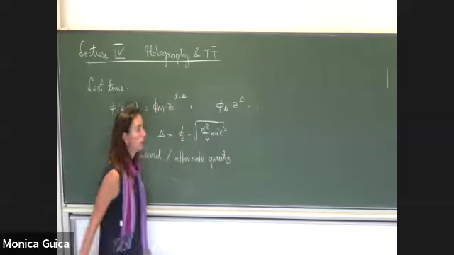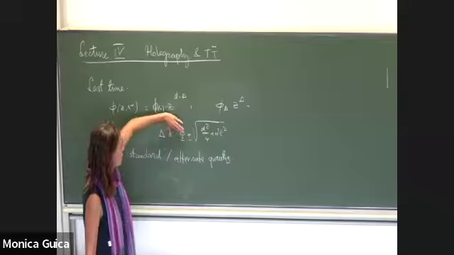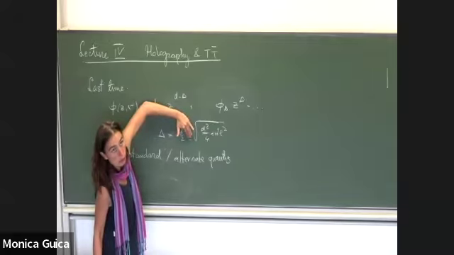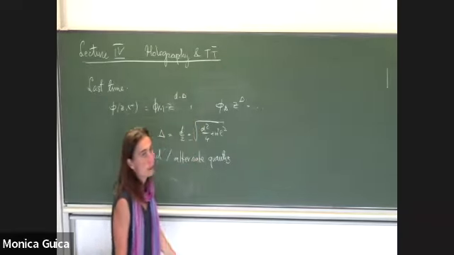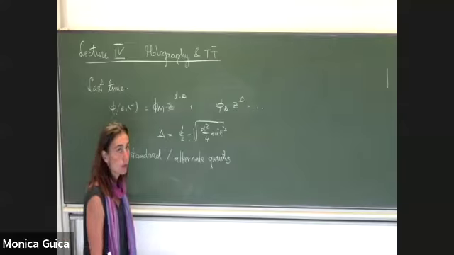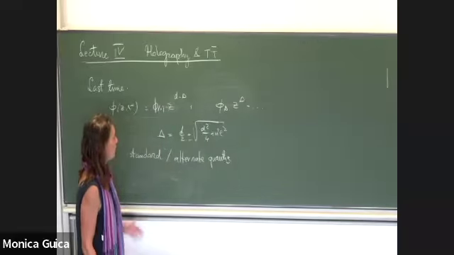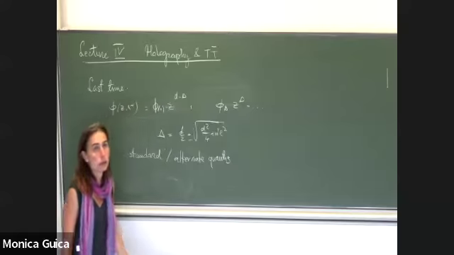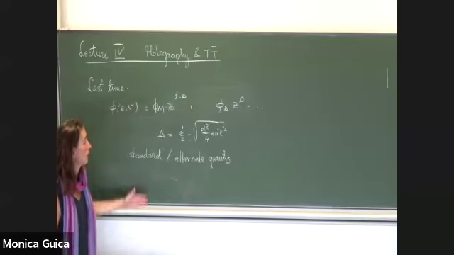In that case, the dual theory will contain an operator whose dimension is related to the mass of the bulk field via the relation with the minus. This is necessary in order to be able to have operators in a CFT that go all the way down to the unitarity bound of the CFT. So you see that picking different boundary conditions for the bulk fields results in different spectra of operators for the dual CFT.